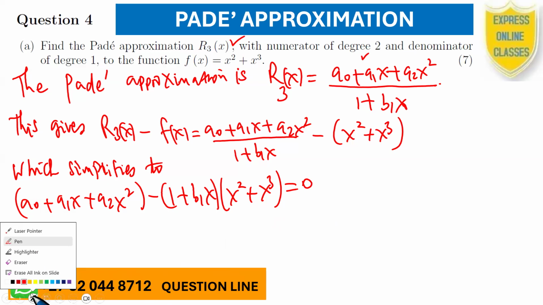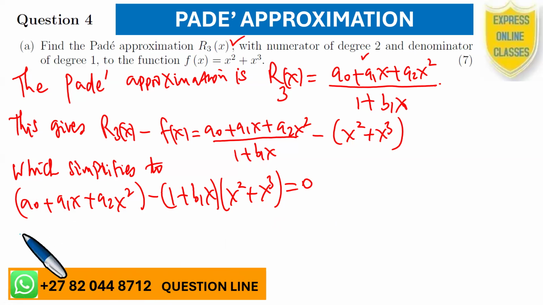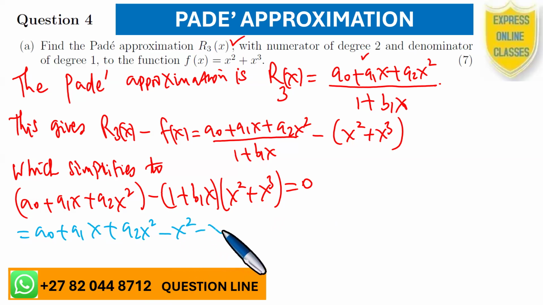If you multiply everything in the Pade approximation process, you'd have a naught, a1x, a2x squared, minus x squared, minus x cubed, minus b1x cubed, minus b1x to the 4th power equals 0. So this is exactly what we have here.